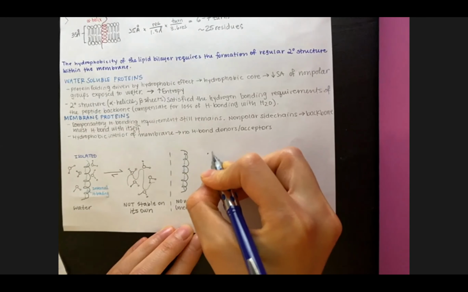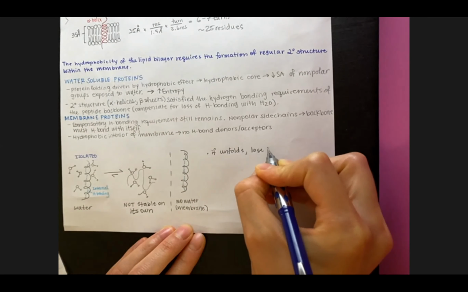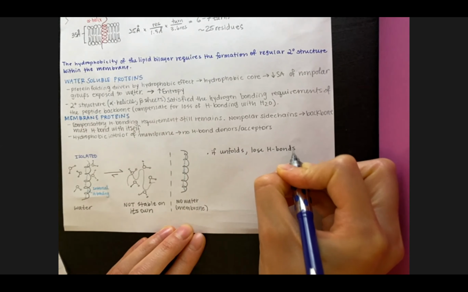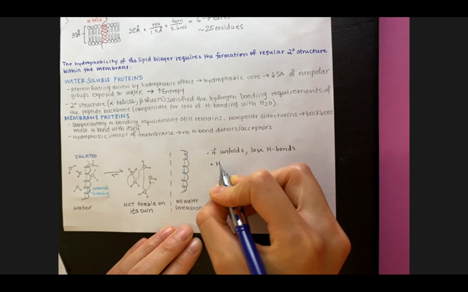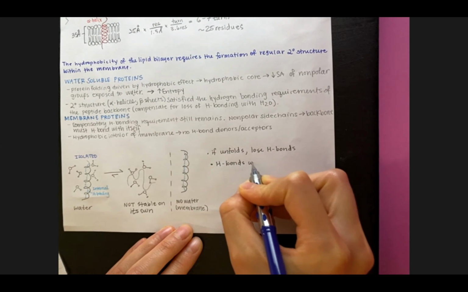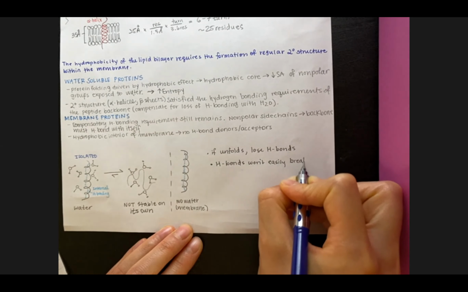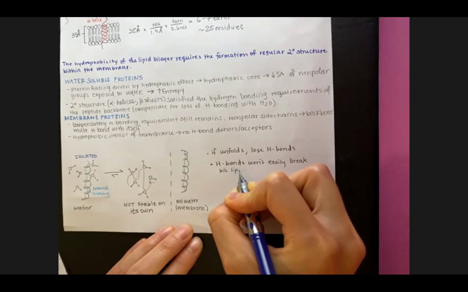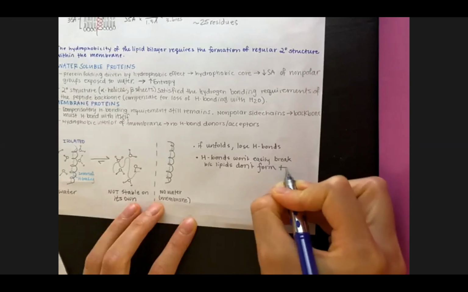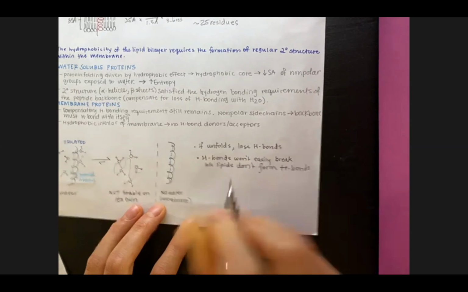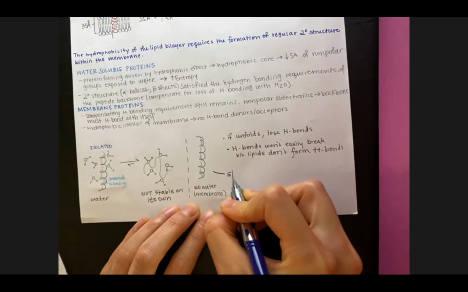And so if it unfolds, it's going to lose the hydrogen bonds. The hydrogen bonds aren't going to easily break because the lipids don't form hydrogen bonds. Okay, so this one is stable on its own.